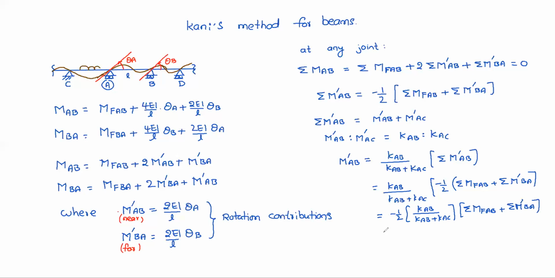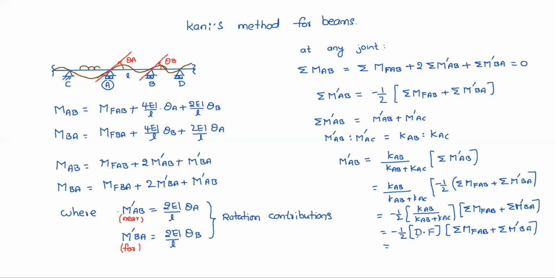You know, this is nothing but minus half into KAB by KAB plus KAC, which is the distribution factor, into sigma MFAB plus sigma M dash BA.